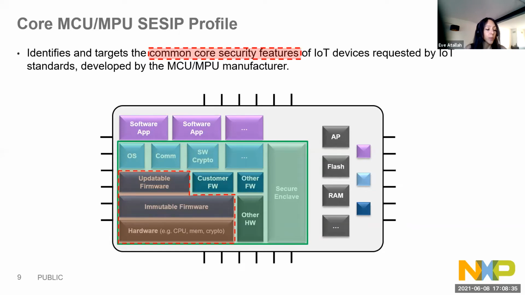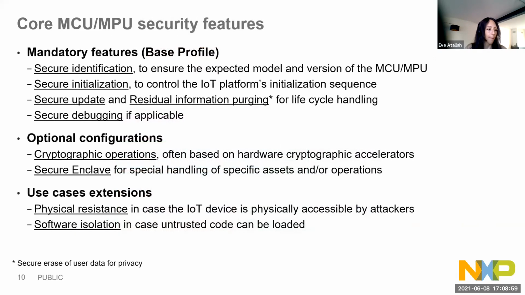They have been determined by several MPU and MCU manufacturers and their customers, taking into consideration their own products and the security requirements that have been found to be common to the main IoT standards, again, that we have mentioned previously. So those core security features are summarized here.